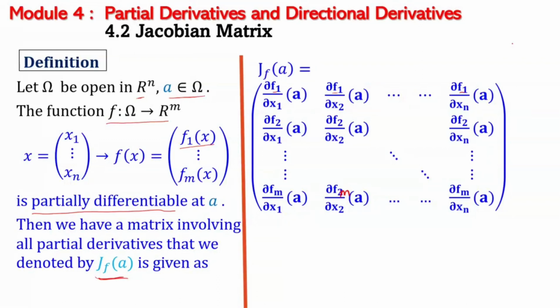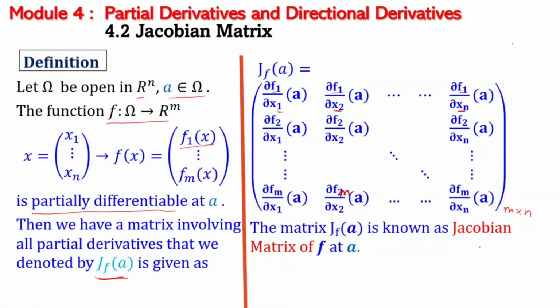So the rows are f1, f2, ..., fm, that is m rows. And the columns are x1, x2, ..., xn, so n columns. So you get an m by n matrix, and this matrix is known as the Jacobian matrix of f at the point A.